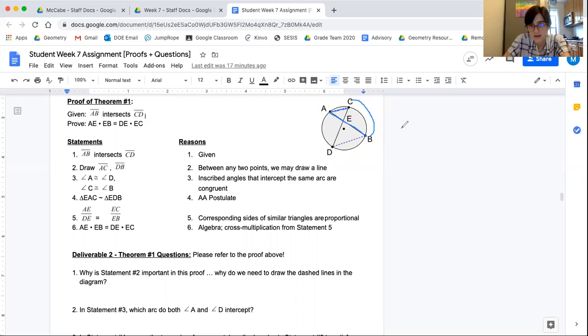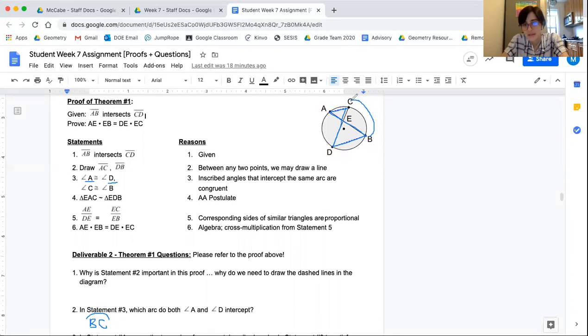This arc right here, we would call that arc BC, okay? And you put your little arc mark above it. That's angle A. Let's check on D. Angle D is right here. If I draw out my angle to see what arc it intercepts, I get the same thing, CB.